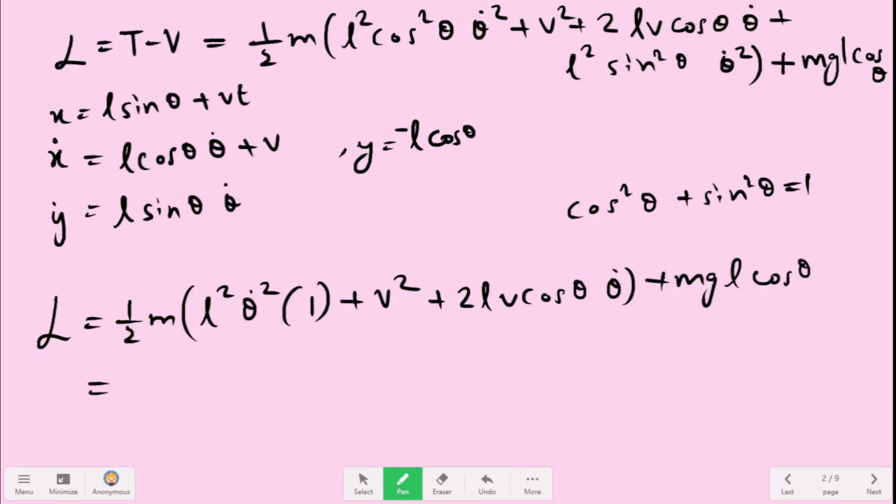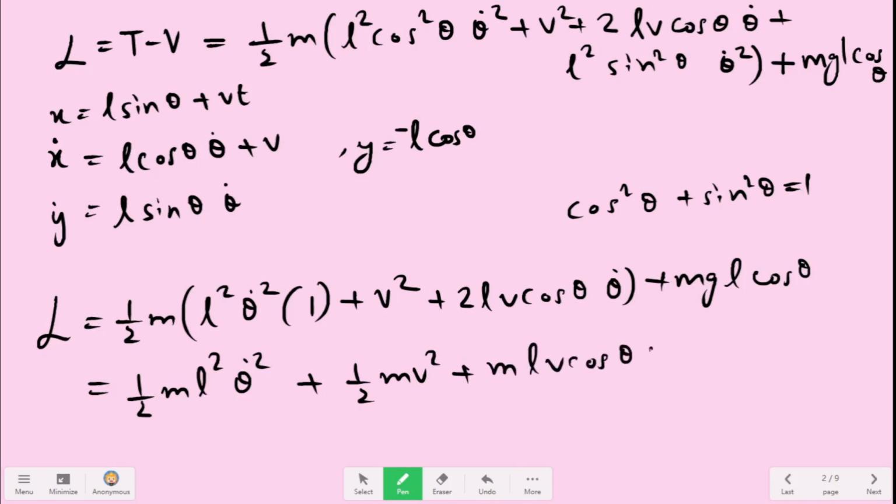This is equal to half m L square theta dot square plus half mv square plus mLV cos theta theta dot plus mgL cos theta.